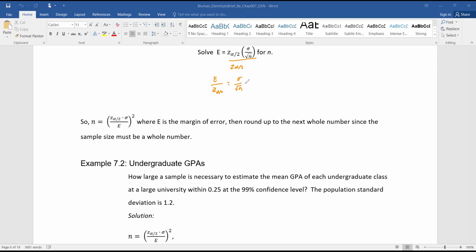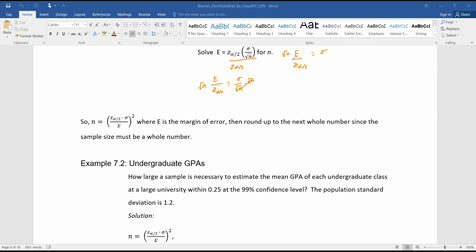So I'm now going to multiply both sides by the square root of n. This will get that n from the bottom there. And then I'm left over here. So square root of n, E. Can't write an E. Hold on. E over the z-score, which equals my sigma.